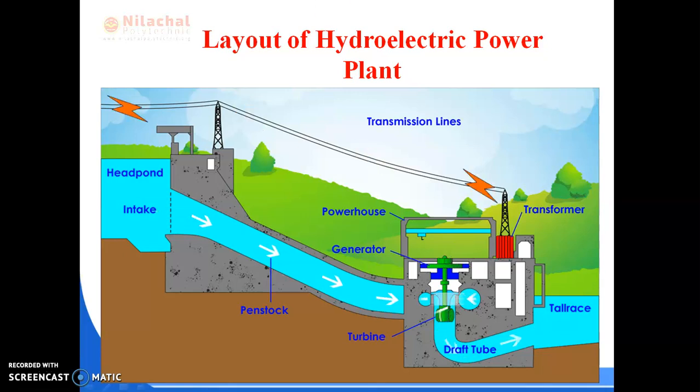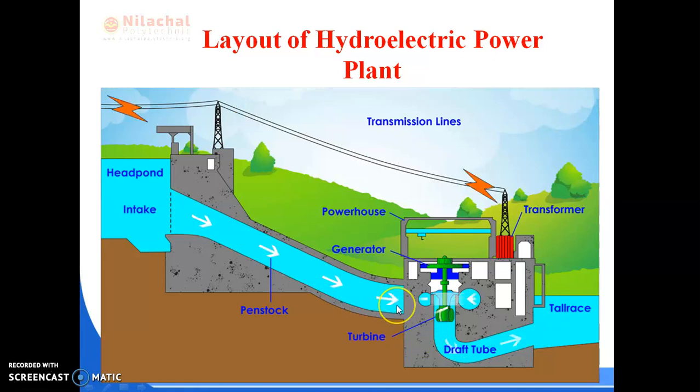Now, there is a pipe known as the penstock. The pipe is attached at one end to the dam and at the other end to the turbine unit. This arrow mark shows the liquid from the dam entering the penstock.